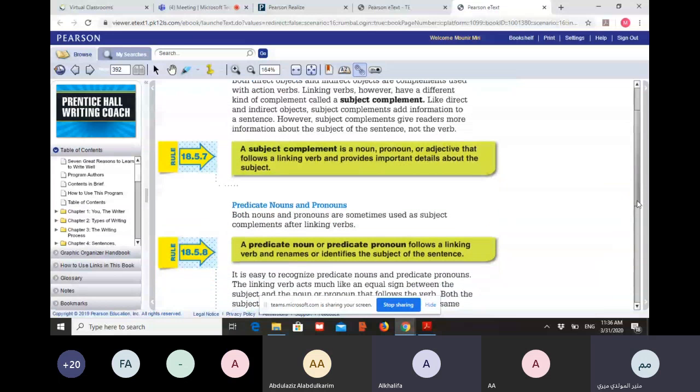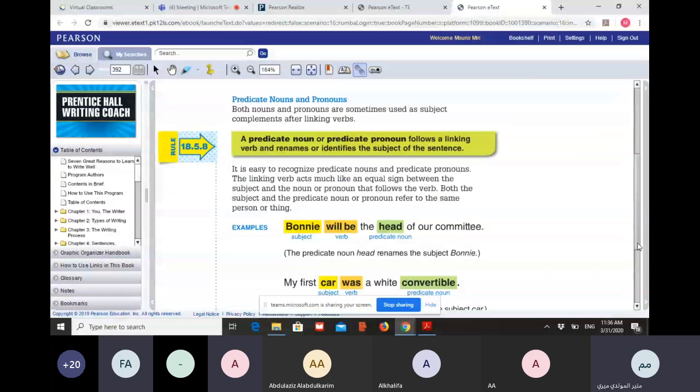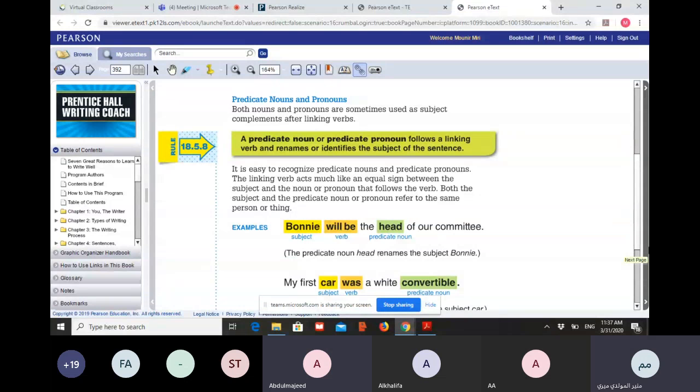Can you read the next part? Predicate nouns and pronouns. Both nouns and pronouns are sometimes used as subject complements after linking verbs. A predicate noun or predicate pronoun follows a linking verb and renames or identifies the subject of the sentence.